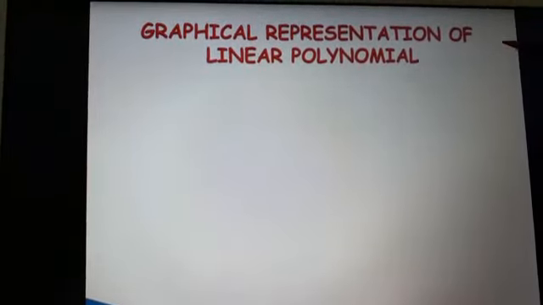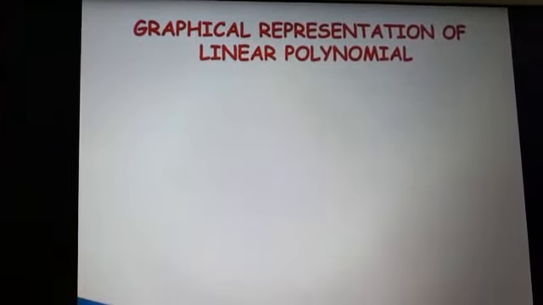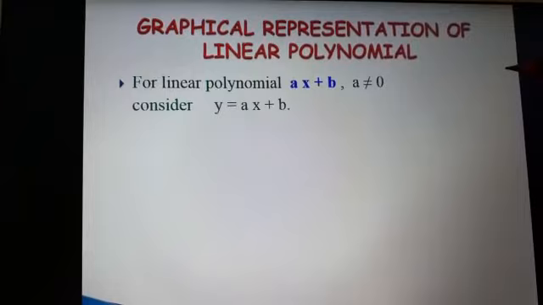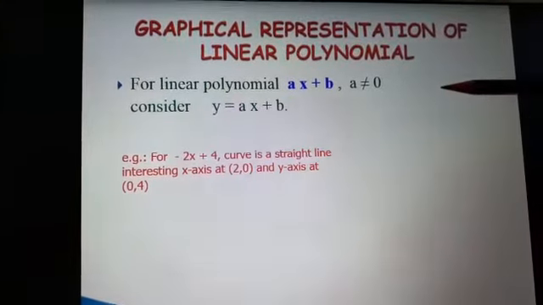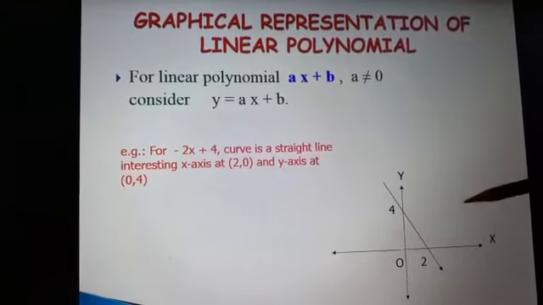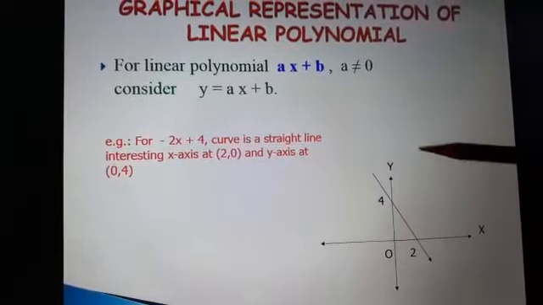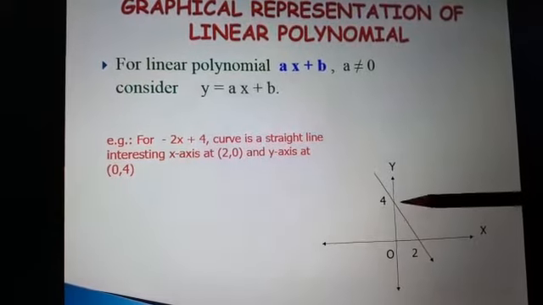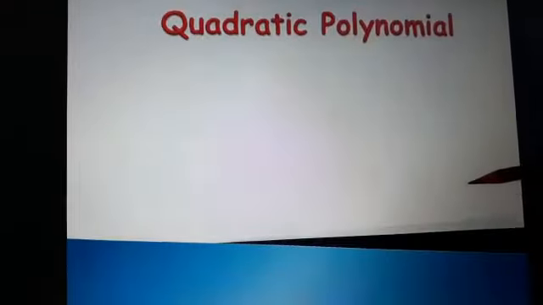Whenever we graphically represent a linear polynomial, we always get a straight line. Now here we have an example, -2x + 4, and when we represent it graphically, we get a straight line, and you can see (2, 0) and (0, 4). These are the points on the x-axis and y-axis.